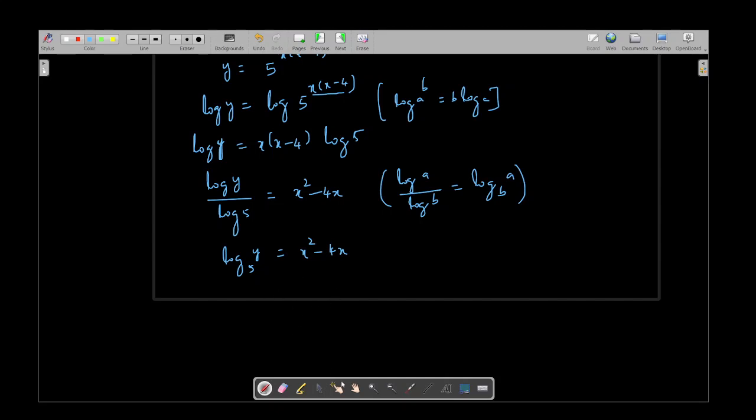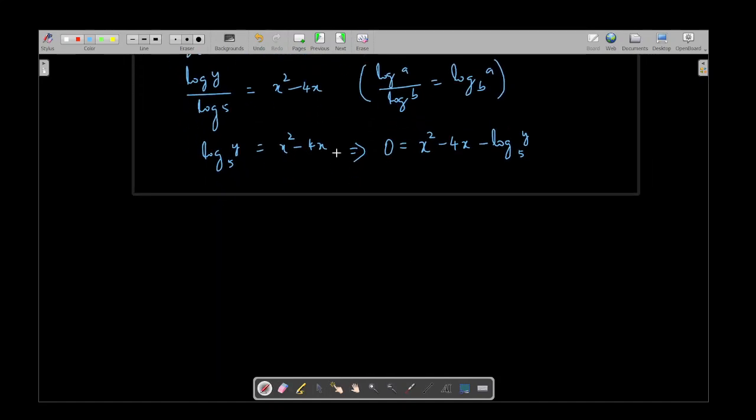So I can write this as 0 equals x square minus 4x minus log y to the base 5. Now it is a quadratic equation. Let us solve this quadratic equation: x square minus 4x minus log y to the base 5 equals 0.